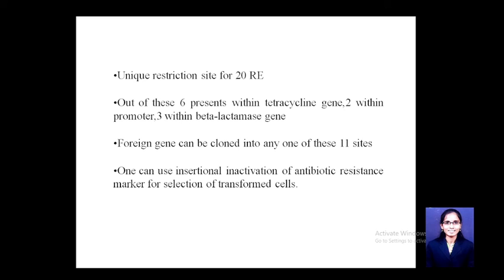Out of these 20 restriction enzyme sites, it has 6 within the tetracycline gene, 2 within the promoter region, and 3 within the beta-lactamase gene, due to which we can use the insertional inactivation technique so that we can identify the transformed cell from the non-transformed cell. So a foreign gene can be cloned at any of these 11 restriction enzyme sites.